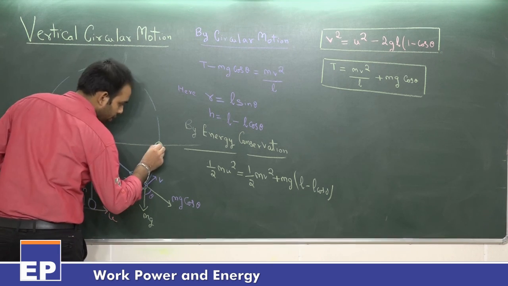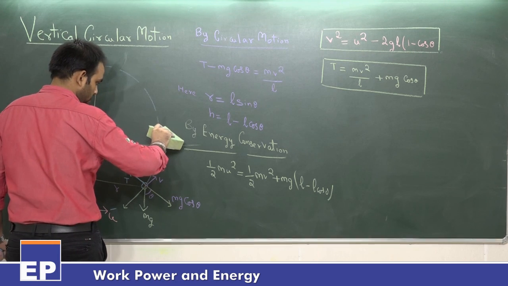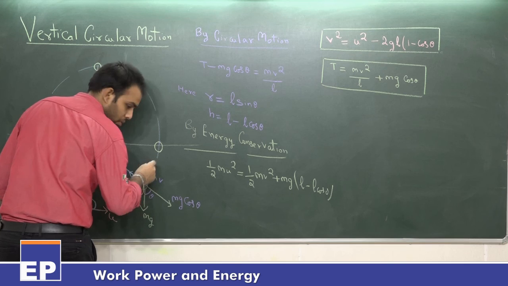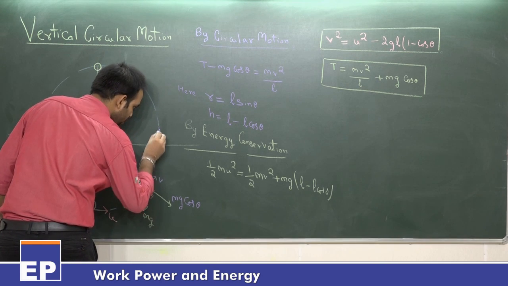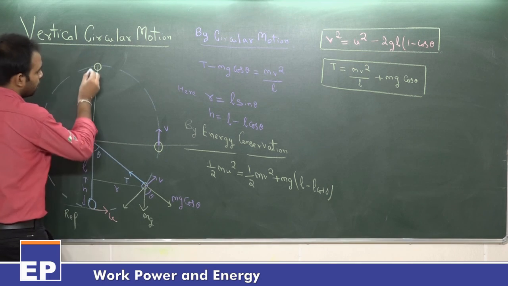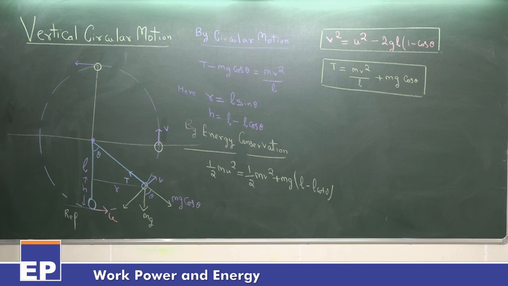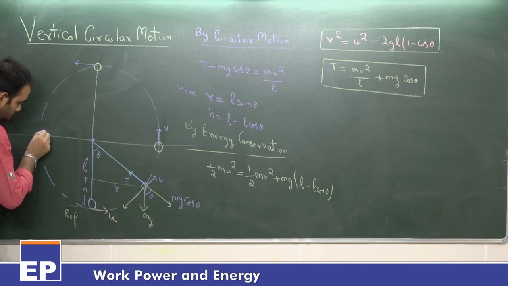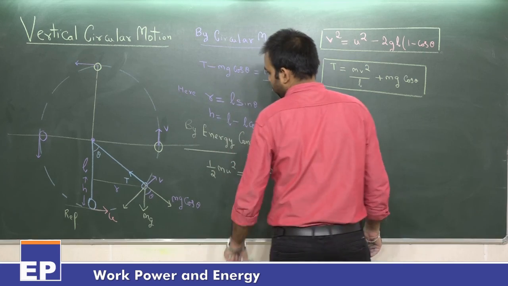Means at this point the speed is in this direction. It is vertically upward. Here it is in this direction. And here it is in this direction. Here it is in vertically downward direction. Is it right or not? It is moving like this.